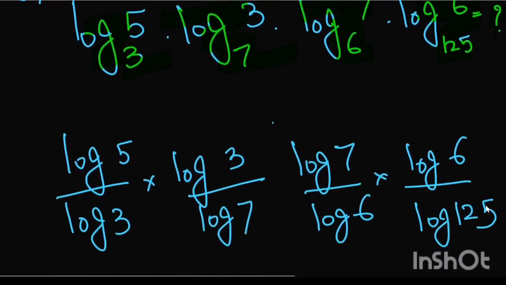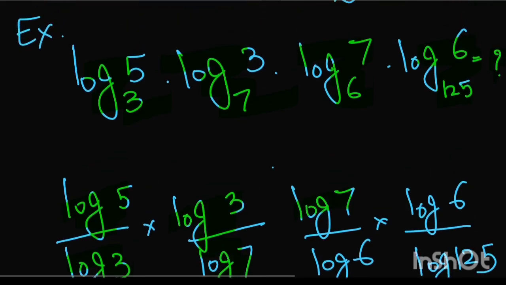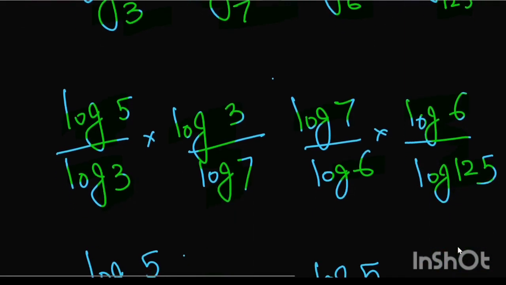In the solution, using the same formula, log 5 base 3 is log 5 by log 3, log 3 base 7 is written as log 3 by log 7, and log 7 base 6 and log 6 base 125 are written accordingly. I haven't written the base, which means it is the same; it can be 10, it can be any base. So all the bases are the same everywhere.